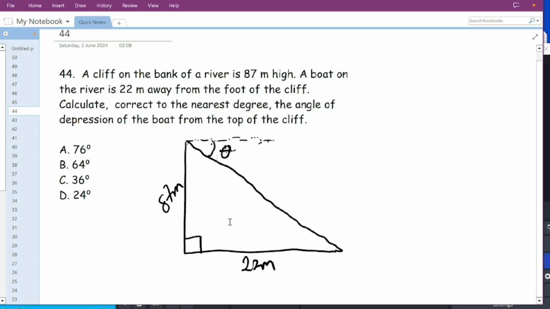You should know that. That's why there's a saying in the textbook that the angle of elevation, particularly in this kind of setting or in a right angle triangle, is always equal to the angle of depression. So when you find your angle of depression, you can also find your angle of elevation. So once you find the angle of elevation, you're also finding the angle of depression.